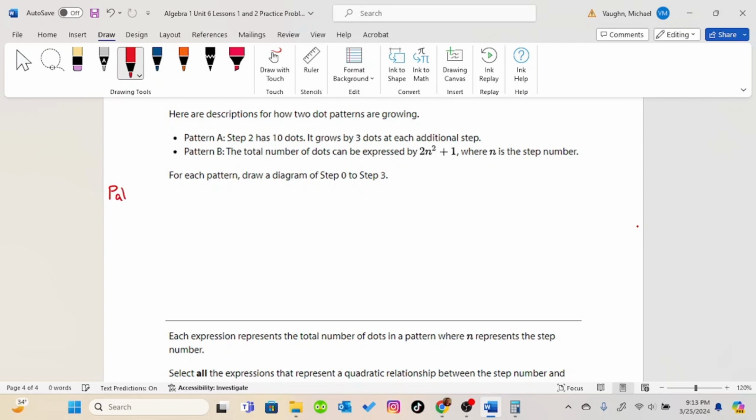So first we'll do pattern A. We have step 0, step 1, step 2 we know has 10 dots.